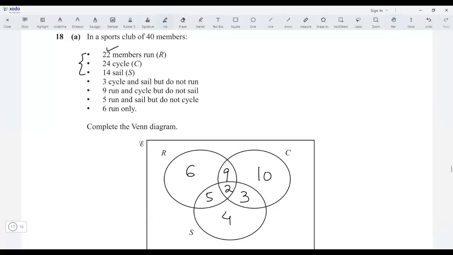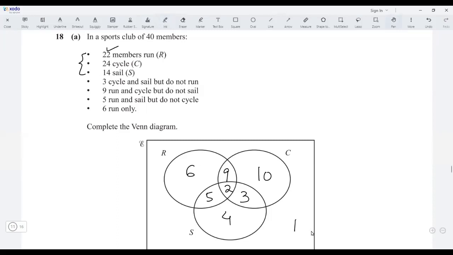So if we add them up, will it be 40? That is the overall number of members of the club. Sorry, I've done something wrong. 11, 13, 24, 27, 37 plus 4 is 41. So it means that one of the members is not included, that is in neither of the things.